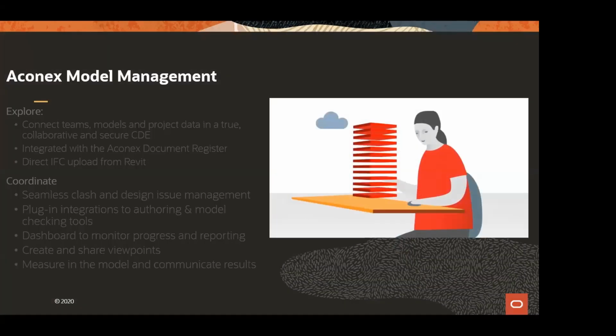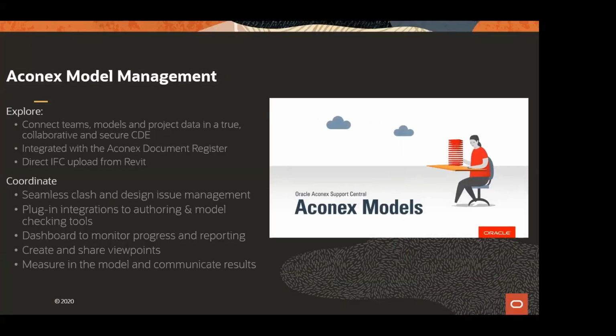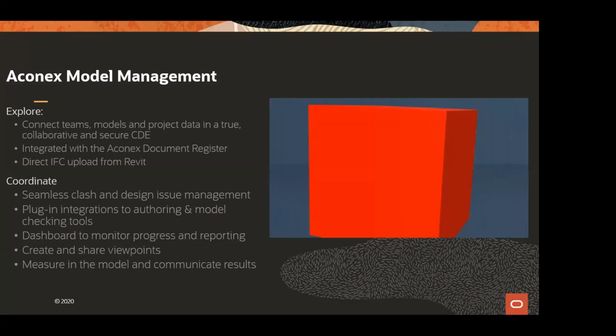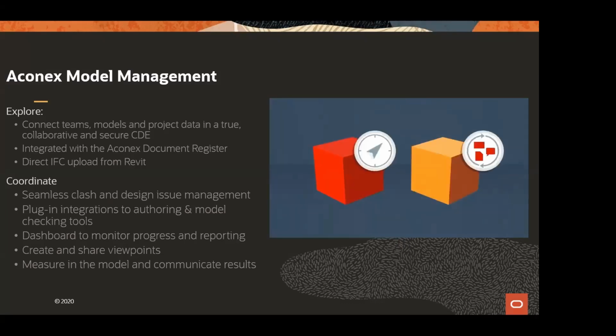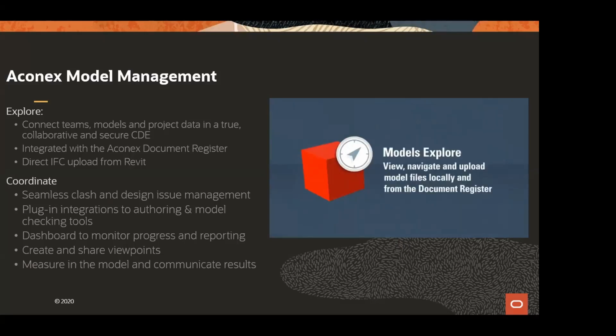We also assist clients with the model management. We call it model management because we interact with other solutions in the market. So people like Navisworks, Solibri, Revit. So they use Aconex as a collaboration platform so that they are specialists in whatever field they do.